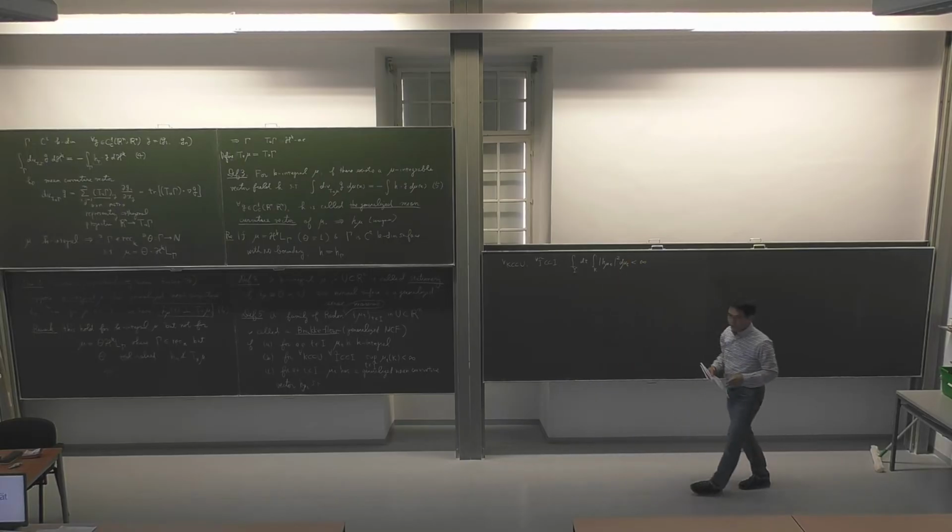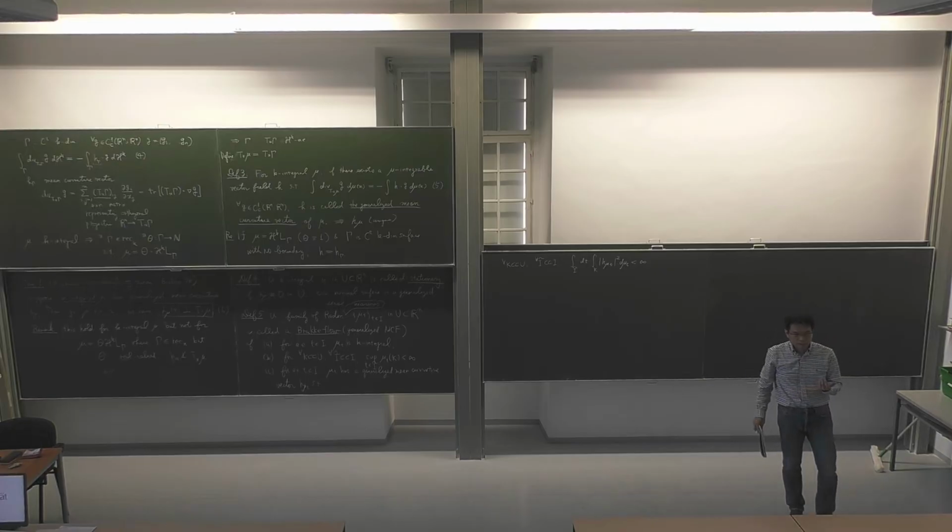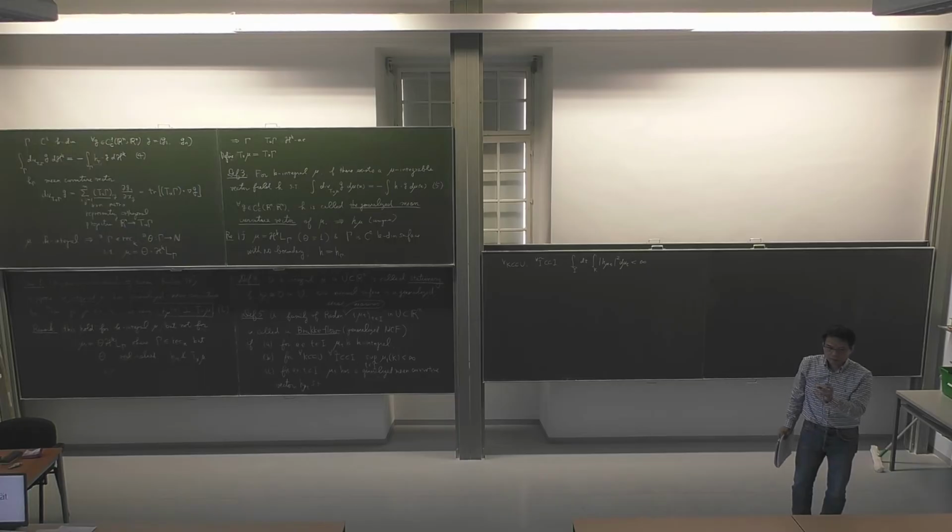So what I'm asking is that for almost all time, this k integral measure has a generalized mean curvature vector, and it's L2, also in space-time. For almost all time it is L2 integrable, of course.